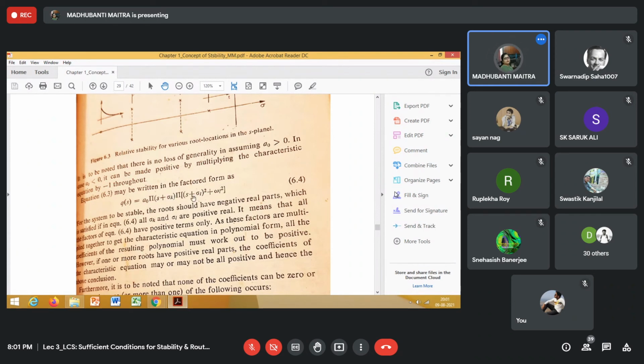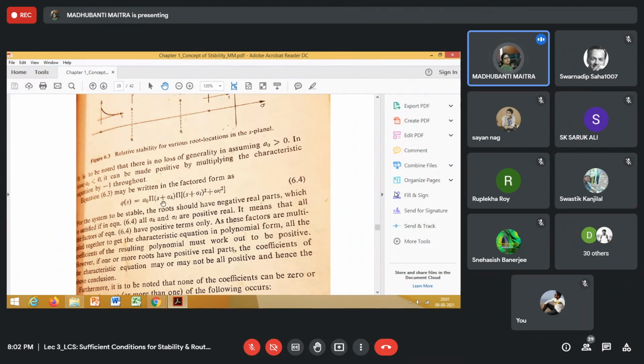Same logic can be applied for sigma l's as well, right? If sigma l's are negative, then that particular complex conjugate root pair will lie in the right half of the S plane. Agree? Yes, ma'am. So that means all the sigma k's as well as sigma l's should be positive.